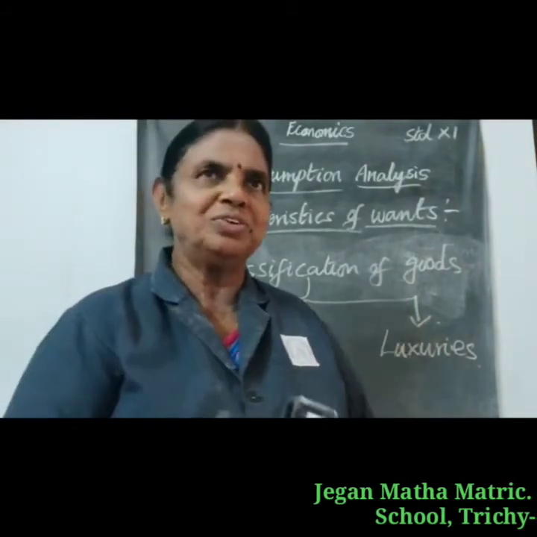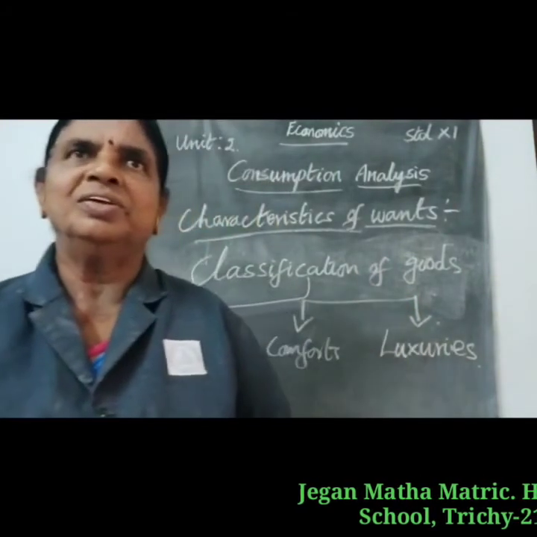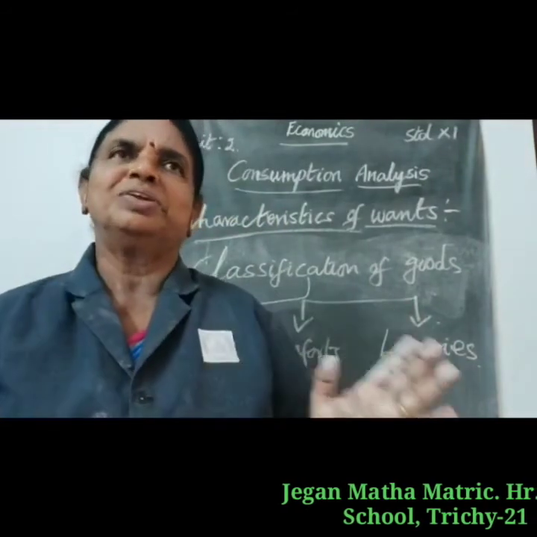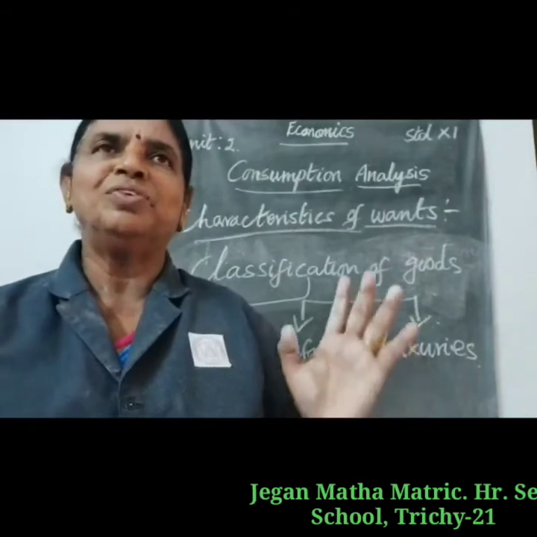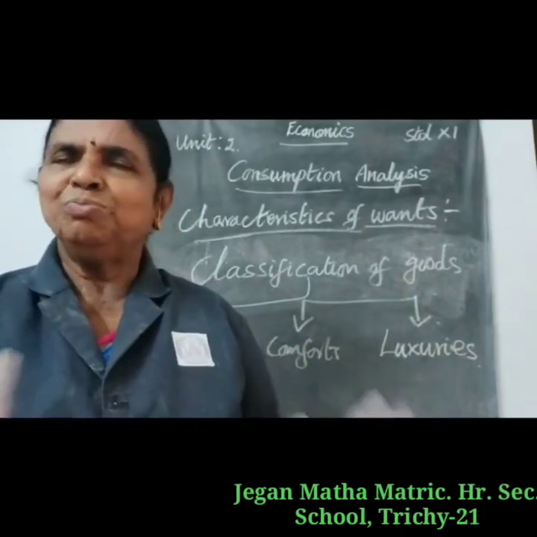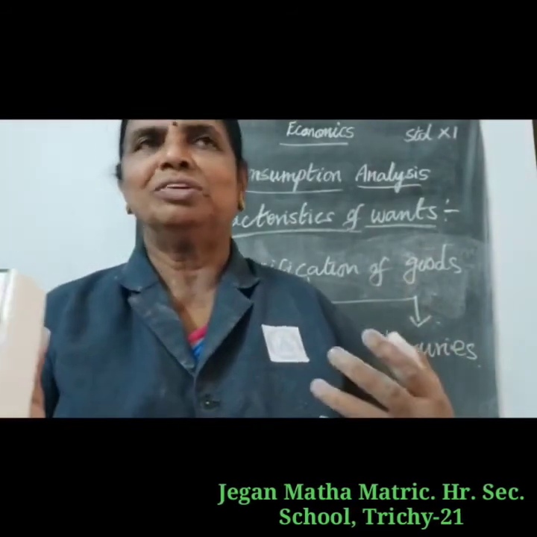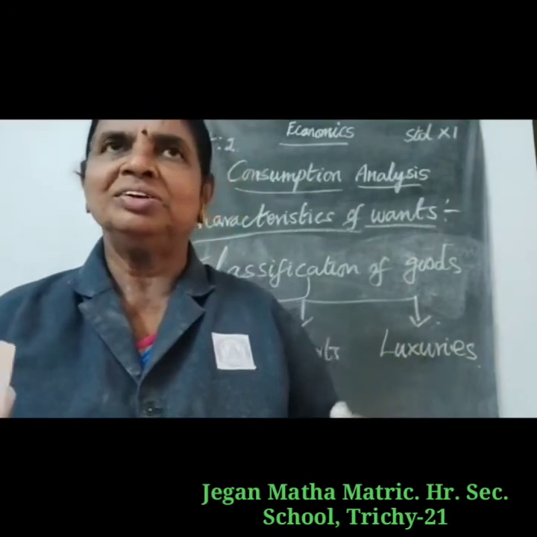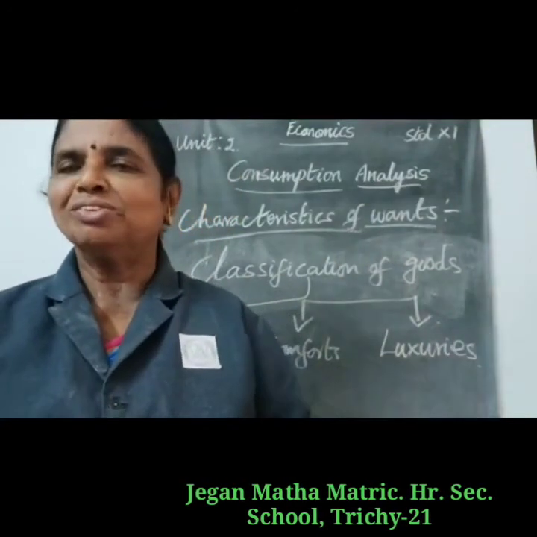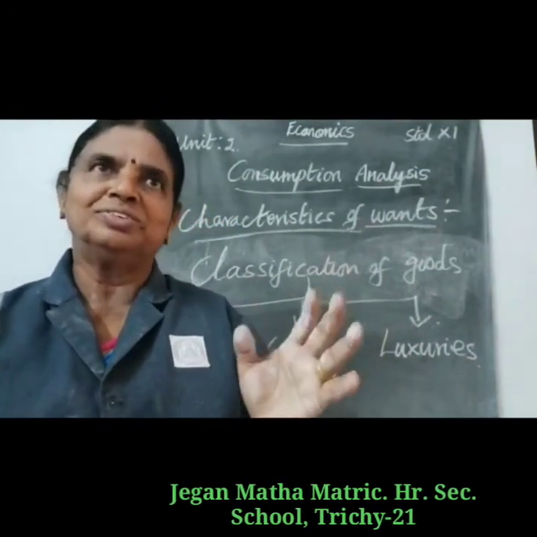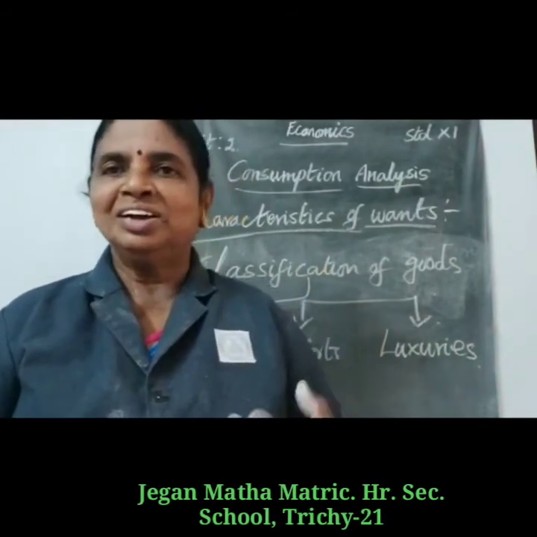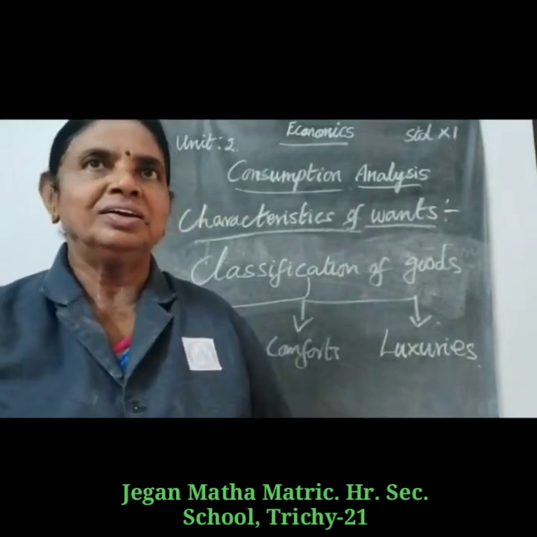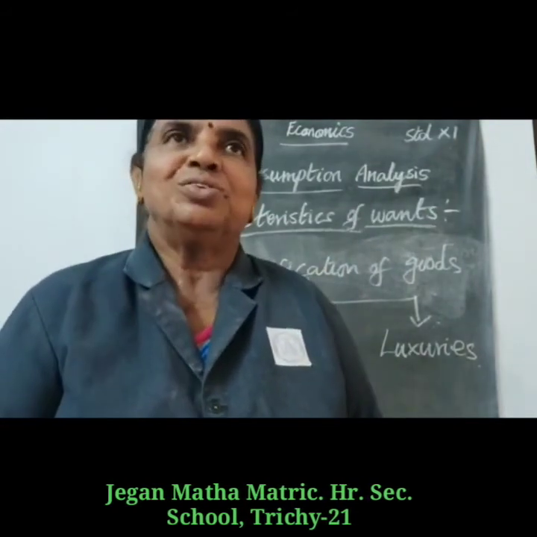Now what are comforts then? Goods which are not indispensable for life, but make our life more comfortable, more convenient and more easy. So that's what we call comforts. For example, TV, fan, refrigerator and even air conditioner and so on.